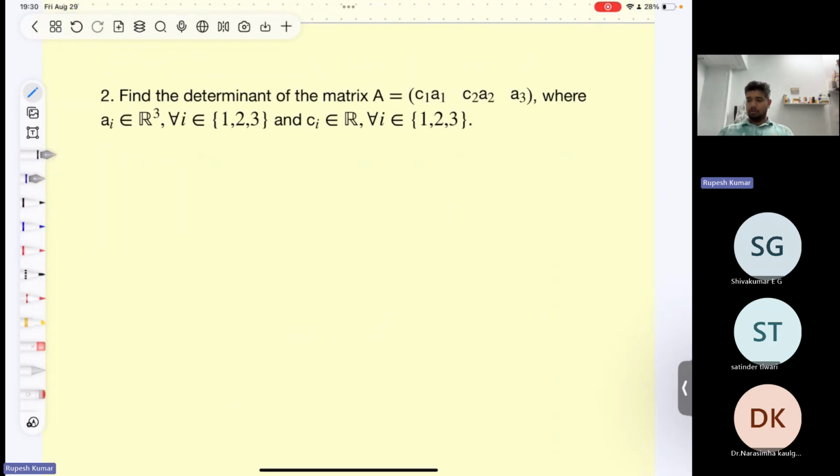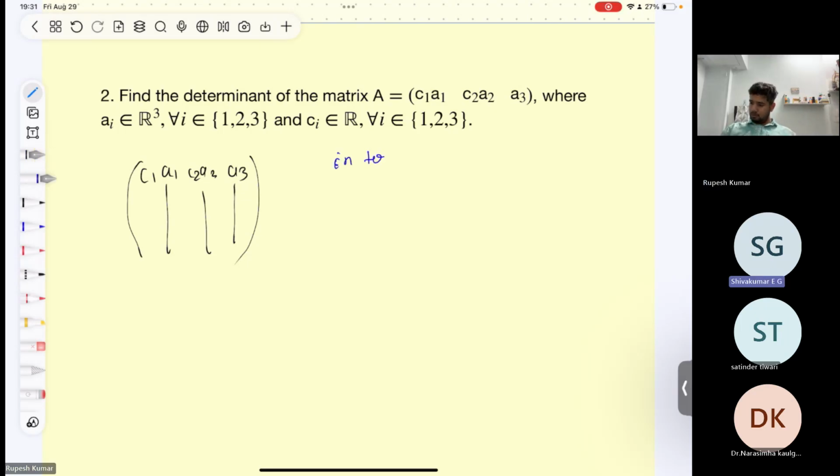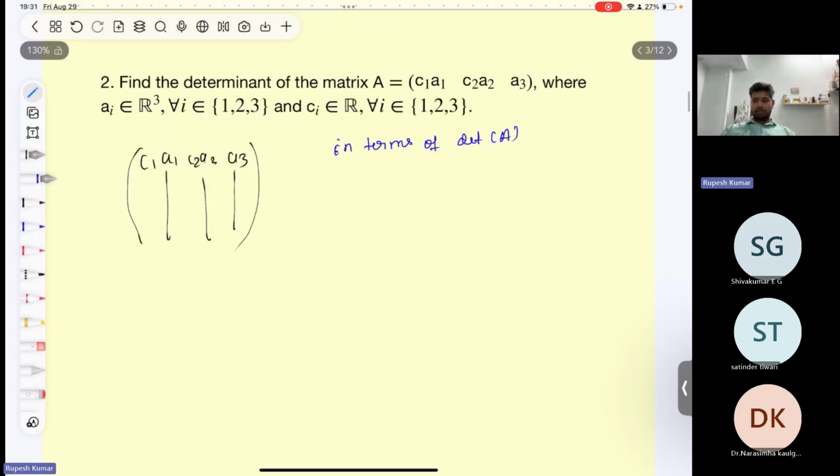Question number two, find the determinant of the matrix A. So we have this matrix A given as C1 A1, where A1 is a vector, C2 A2, again a vector, and then A3, right? And let's say we want to find this determinant in terms of the determinant of A. So we remember from the properties of matrices, right?